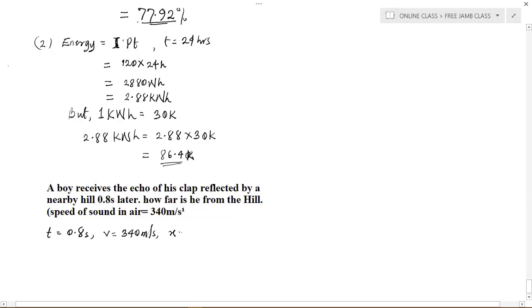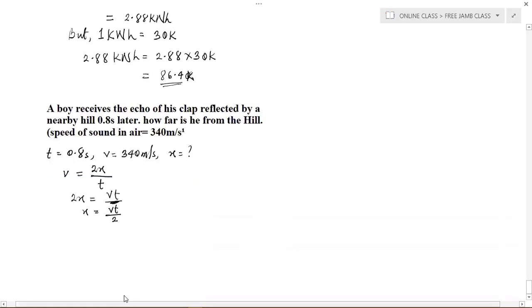We have to calculate distance. This is what they call echo. Now, echo is just that the formula is velocity equals 2x over t. So in this case, 2x equals vt, so x equals vt over 2.